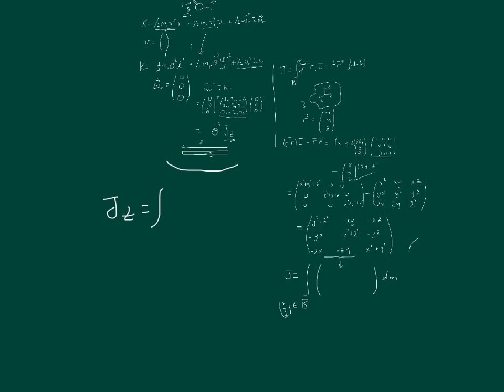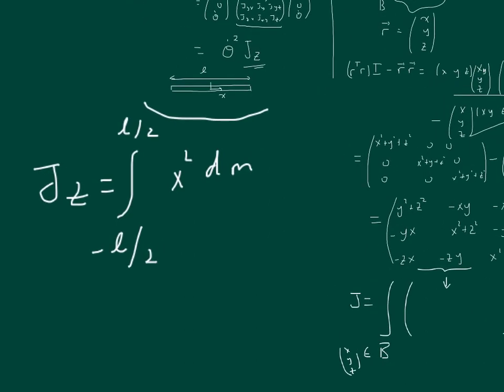So we integrate along the x, and y will be 0, so we'll just have x squared dm, integrated from minus L over 2 to L over 2.